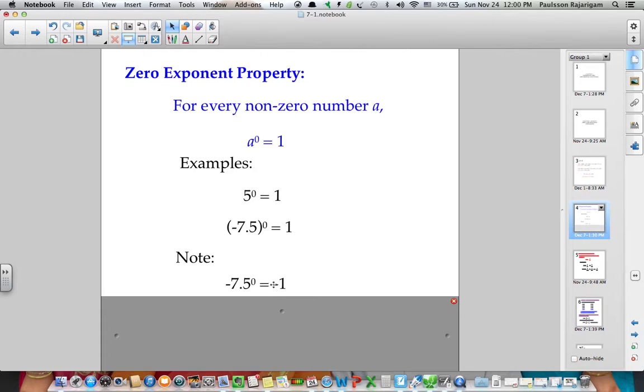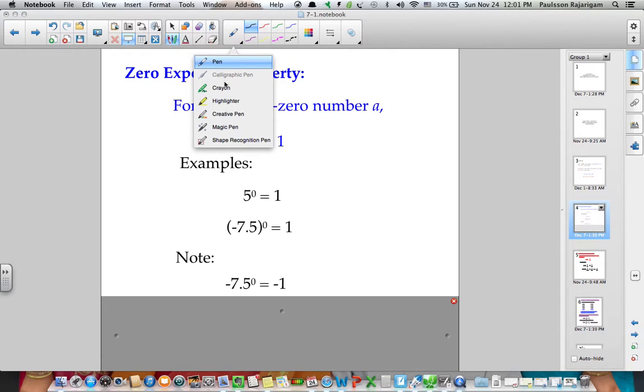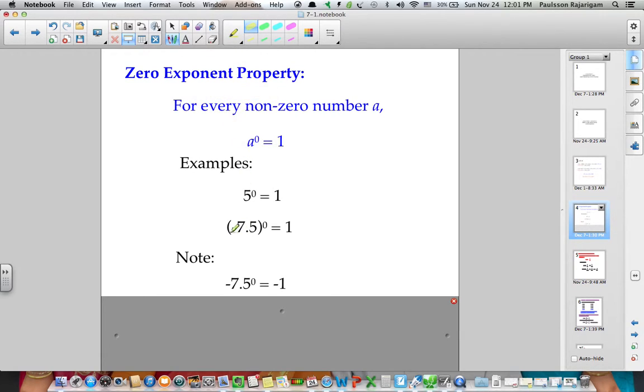Now here's something that we need to remember. There is a difference between raising a whole value to the power of 0, like we have here. Here the entire value is raised to the power of 0. But if you look here, the 0 only belongs to the 7.5, and the negative can be read as the opposite of 7.5 raised to the power of 0, and we should not have any confusion about that.